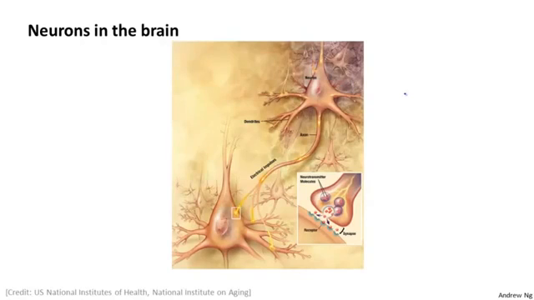The way that neurons communicate with each other is with little pulses of electricity. They're also called spikes, but that just means a little pulse of electricity. So here's one neuron, and if it wants to send a message, it sends a little pulse of electricity via its axon to some different neuron.